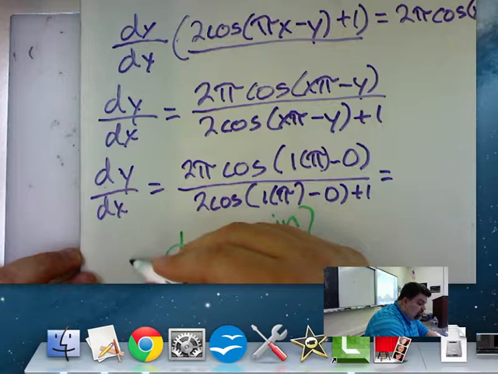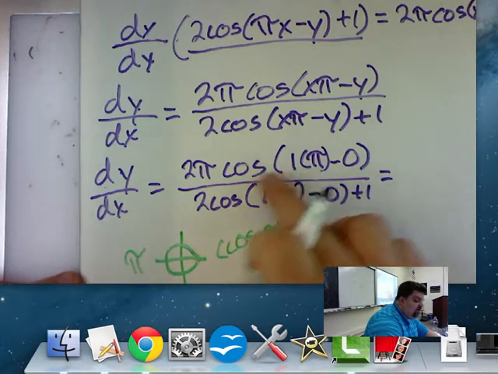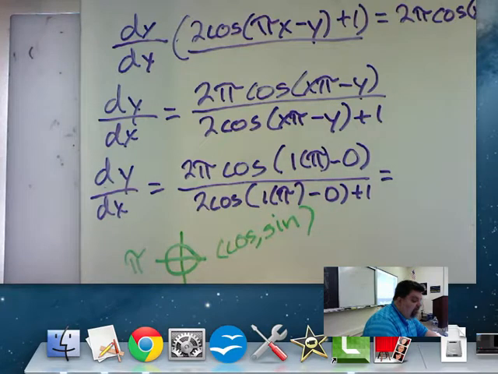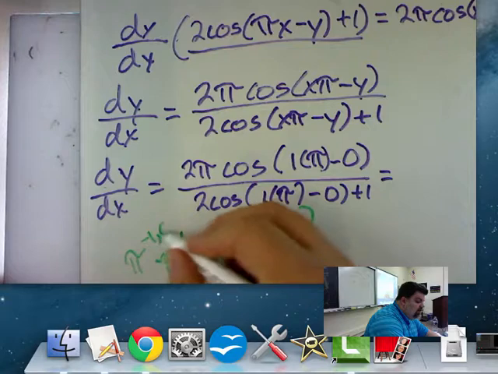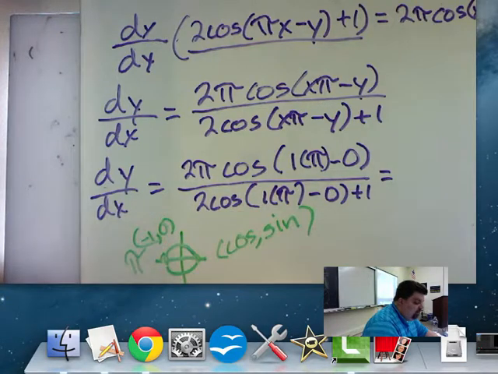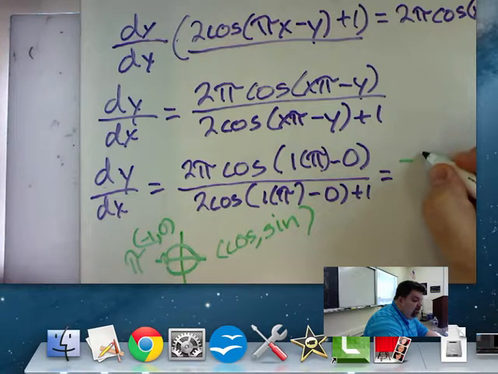Pi is right here, right? So this point right here is negative 1 comma 0. So what's cosine of pi? Negative 1 times 2 pi is negative 2 pi. You guys see that?